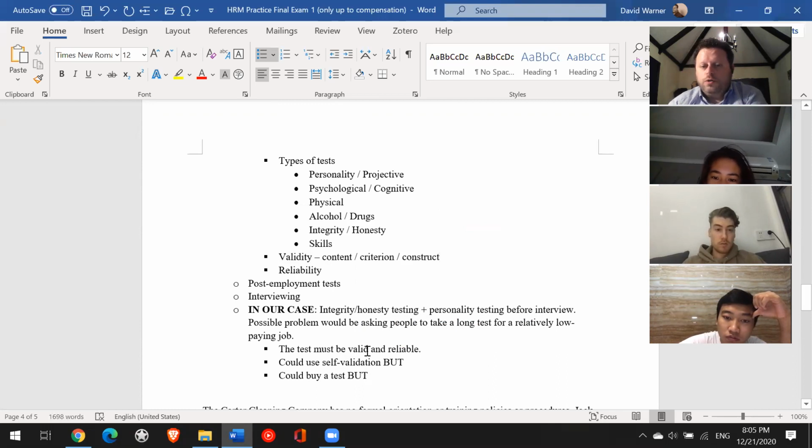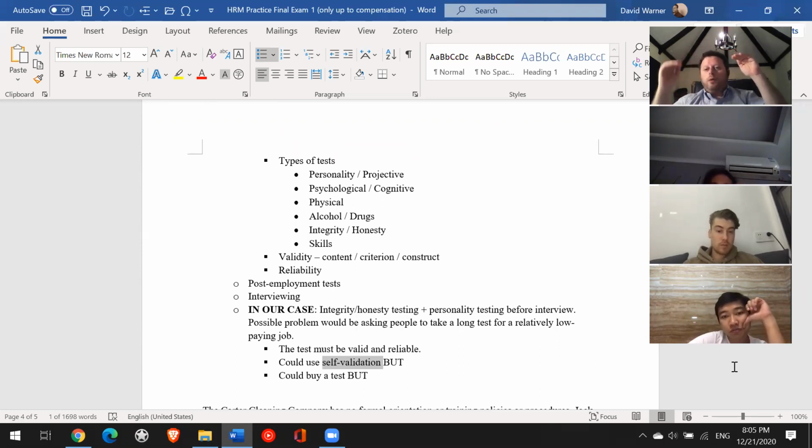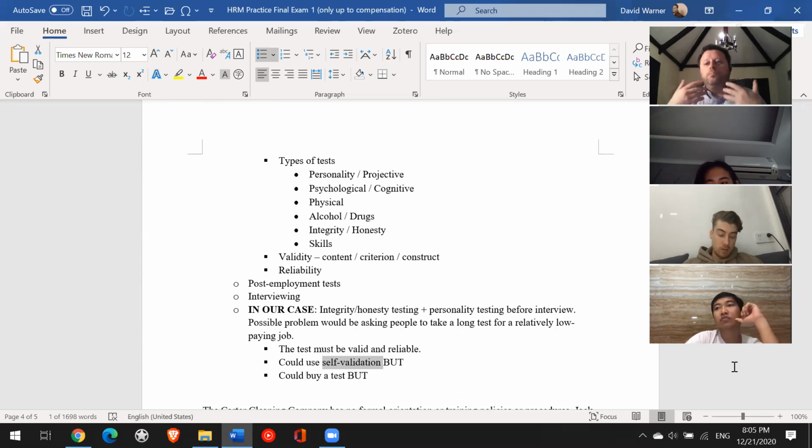So to make sure that's true, you would have to create a test and give it to your employees, and then after 6 months, check: did the people who got a high score on the test actually do a good job? Did the people who got a low score actually do a bad job? And then give the test to more people and wait 6 months or 3 months or something.